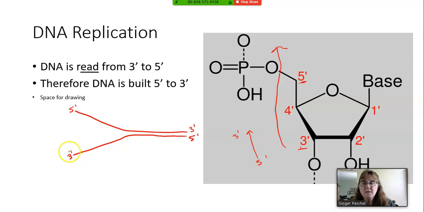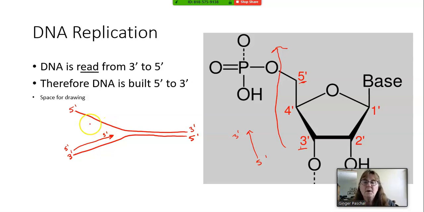We're going to read this from 3' to 5'. Same thing here, we're going to read this from 3' to 5'. So reading from 3' to 5' here is not a problem. We just go continually from one end to the other, and we create 5' here to 3' here.